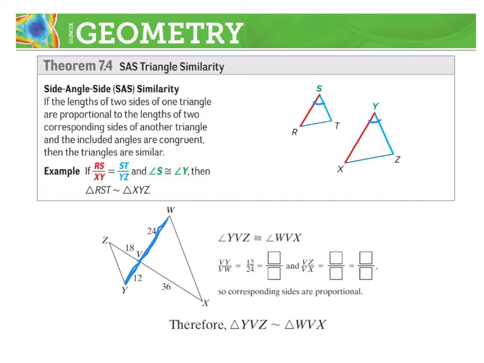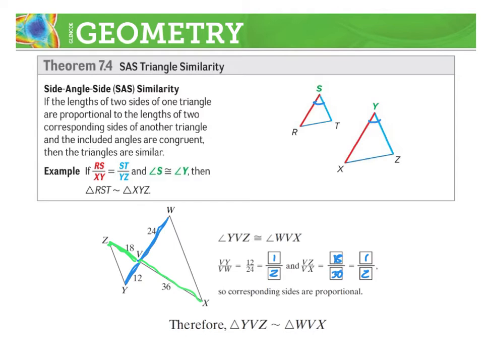VZ is the longer side of triangle VYZ and 36 is the longer side of triangle VWX. So VY to VW equals 12 over 24, which equals 1/2. And VZ over VX equals 18 over 36, which also simplifies to 1/2.